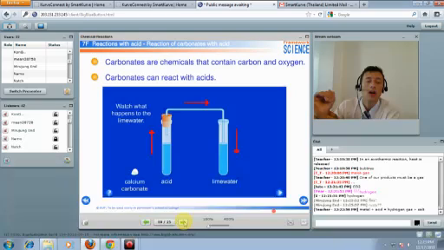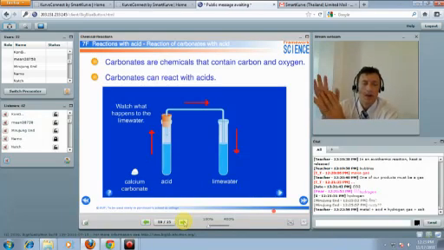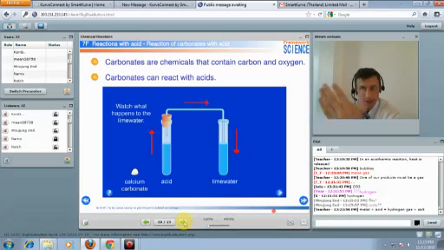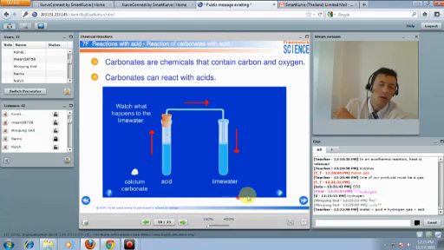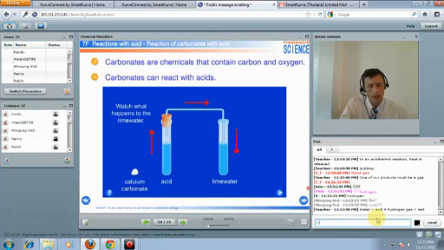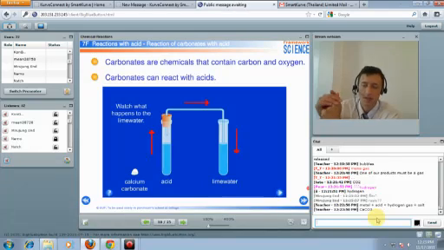Carbonates. Here, we're going to talk about the CO2. Carbonates are chemicals that contain carbon and oxygen, like CO2. Carbonates can react with acids. Watch what happens to the lime water with calcium carbonate. Now, what is our formula for calcium carbonate?